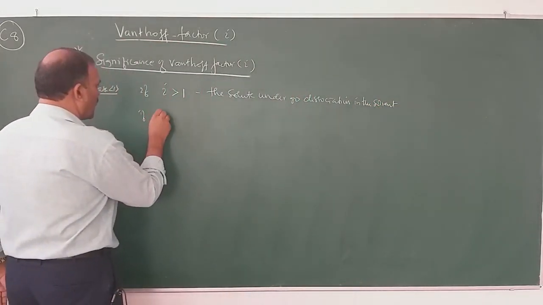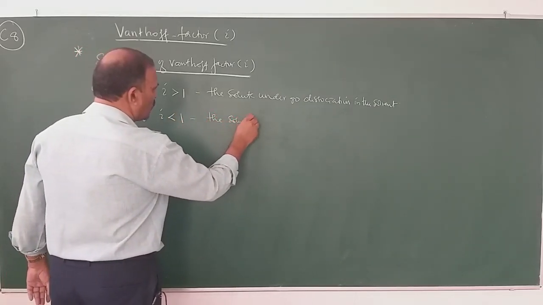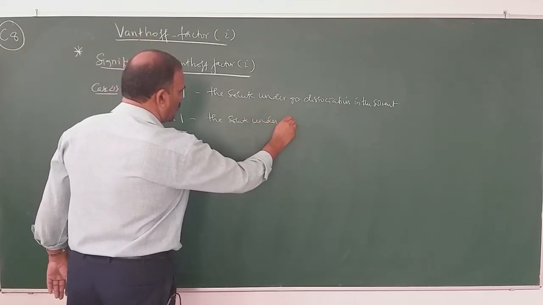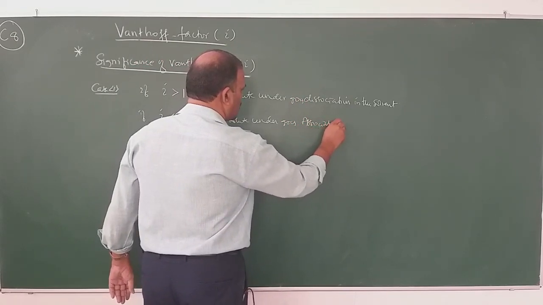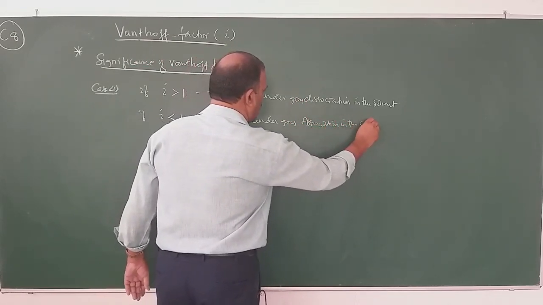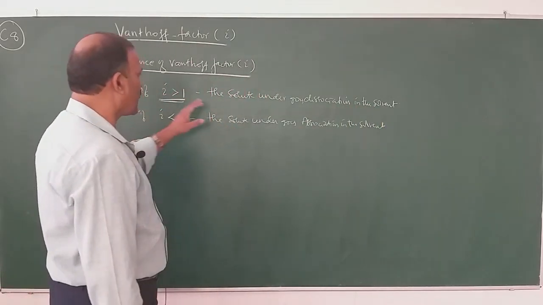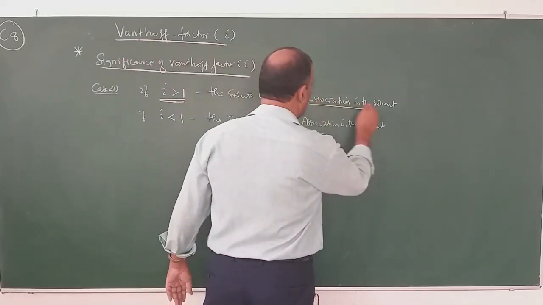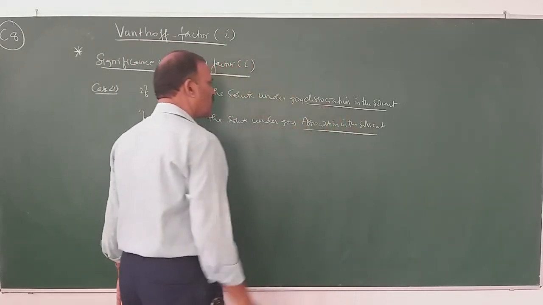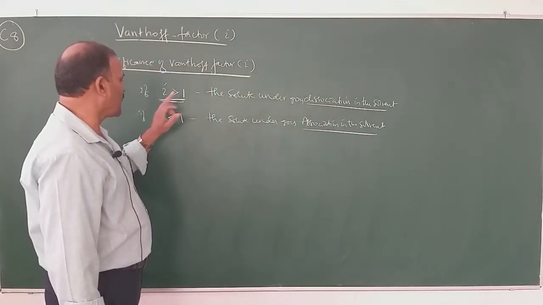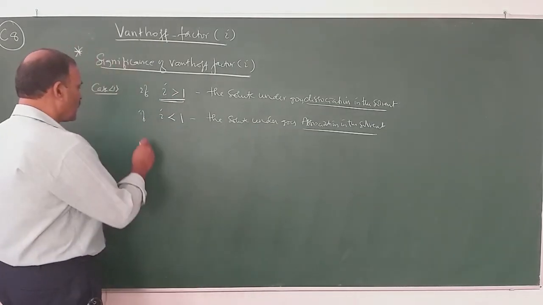If i is less than 1, the solute undergoes association in the solvent. So this will be asked. What is the value of i when a solute undergoes dissociation? What is the value of i when the solute undergoes association? If the solute undergoes dissociation, i is greater than 1. When the solute undergoes association in the solvent, i is less than 1.